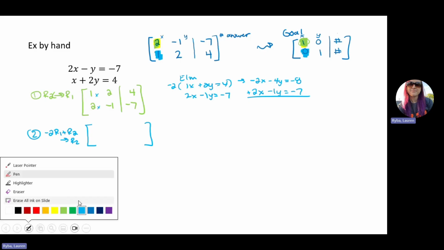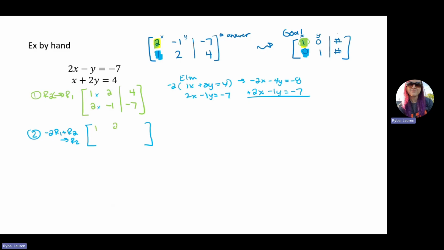So here's what I like to do. I will color code what stayed as it was. I'm not changing the first row. My goal is to get rid of the 2 that's down here by multiplying the first by -2. So this is the math over here that we're actually doing. And then adding.